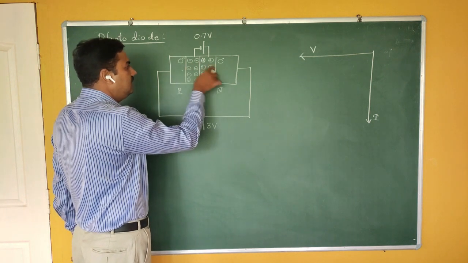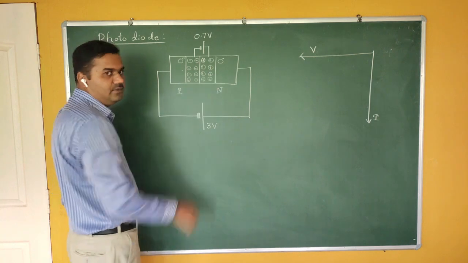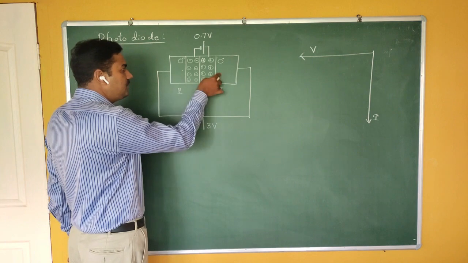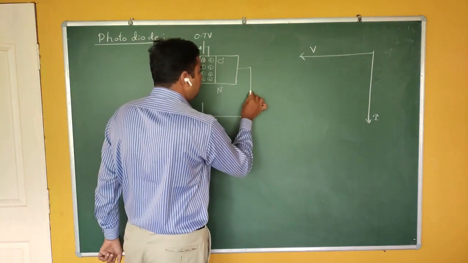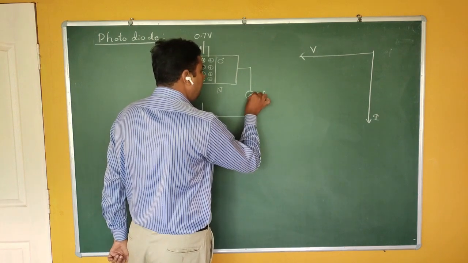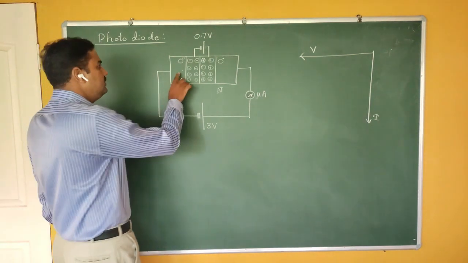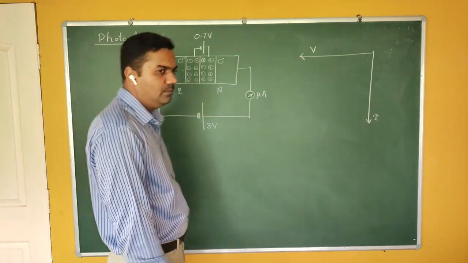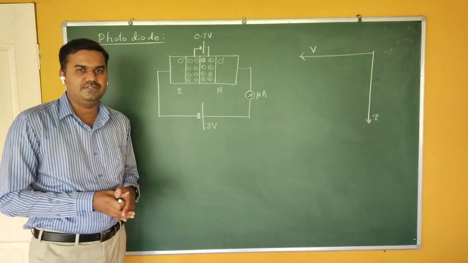Those electrons are called minority electrons. So when you supply the external battery, you can observe some small value of current. This current is very small, therefore I measure it with a microammeter, in microamperes. The flow of electrons produces a certain current, and that current is called the minority current.